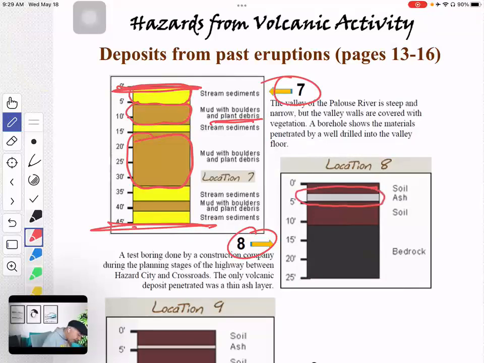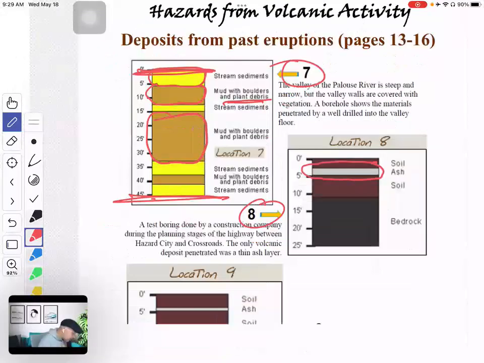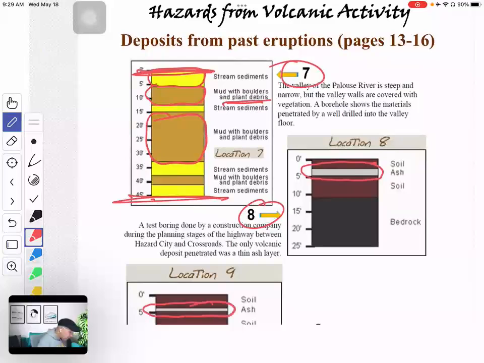So if ash came to that location 8 in the past, and that was the ash accumulating from a previous eruption, then you can be very much certain that the ash is going to travel at least that far, if not farther than that location. Okay, you see a similar thing in location 9, although it's a thinner layer, meaning that it was a little farther away from location 8, so it received a lot less ash than location 8.